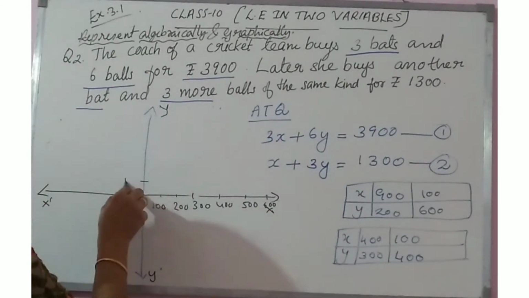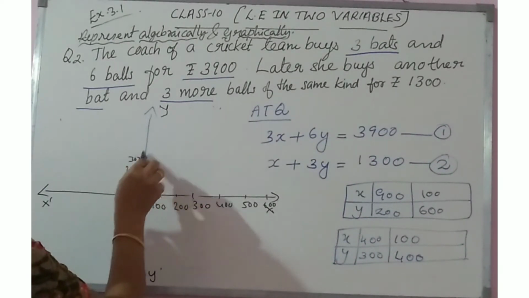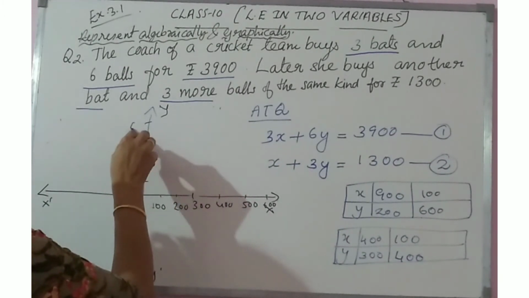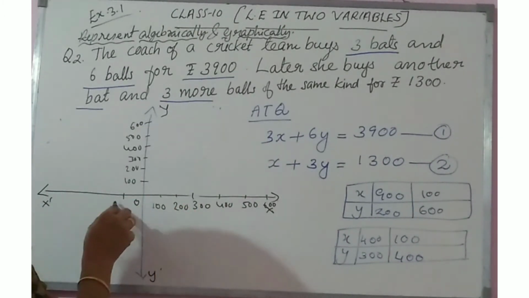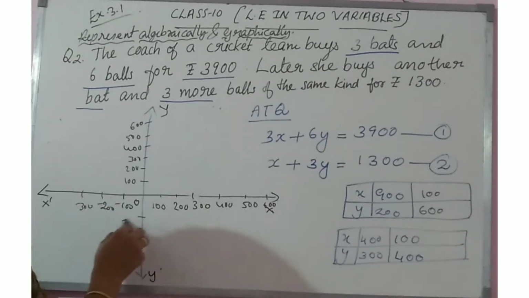Here also we can take 100, 200, 300, 400, 500 and 600. Here minus 100, minus 200, minus 300, so on. And here also minus 100, minus 200, minus 300.